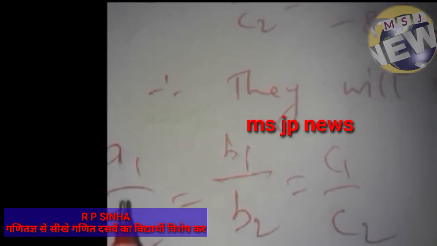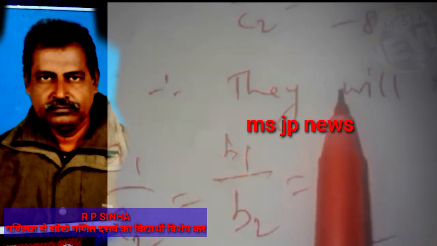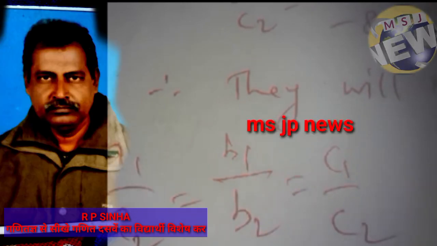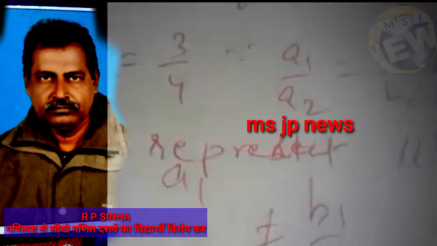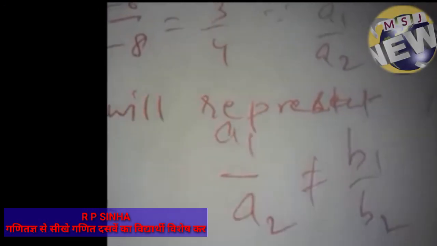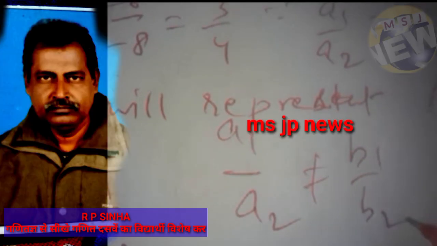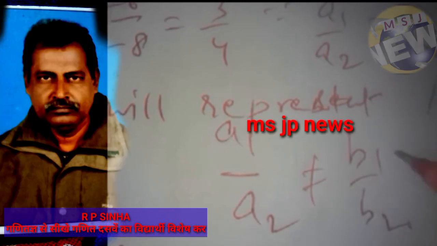If the ratio of coefficients A1 by A2 is equal to B1 by B2 is equal to C1 by C2, then they will have infinite solutions and the graph lines will be coincident lines. If the ratio A1 by A2 is not equal to B1 by B2, then they have a unique solution. It means only one solution, and the graph lines will be intersecting lines.